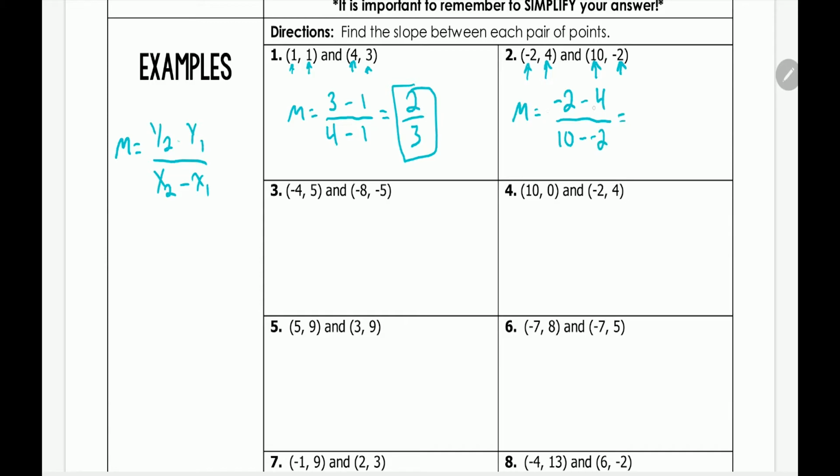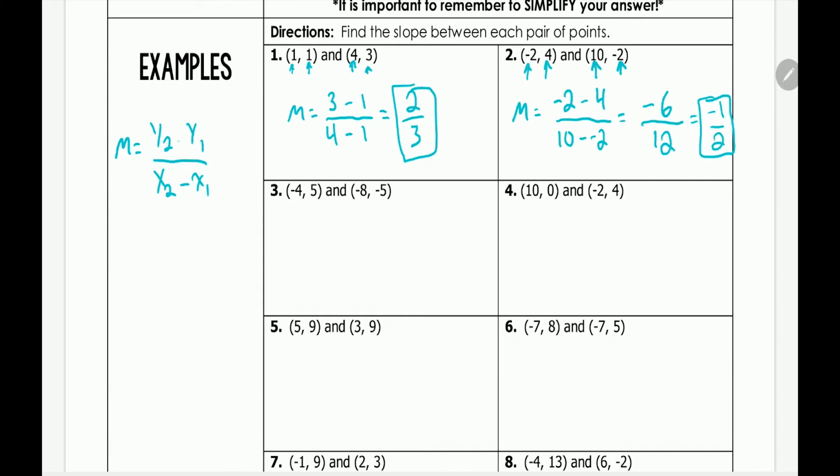Negative 2 minus 4 simplifies to negative 6, over 10 minus negative 2, which is the same thing as 10 plus 2, which is 12. And this is able to reduce, so we have negative 6 over 12. That's the same thing as negative 1 over 2, and that is our answer for number 2.